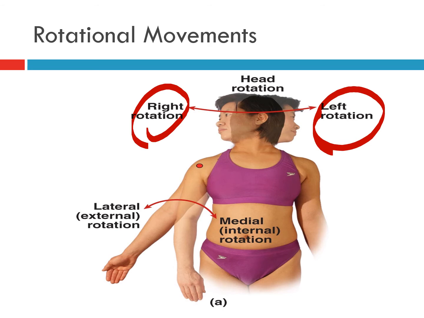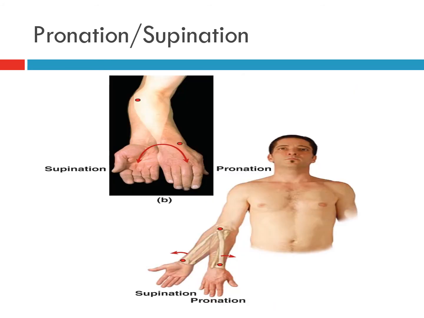If you're in anatomical position and you are supinating your arms, that would be lateral rotation. If you are bringing them in so your palms are facing backwards, that would be medial rotation. Lateral rotation is also called external rotation. Medial rotation is also called internal rotation.